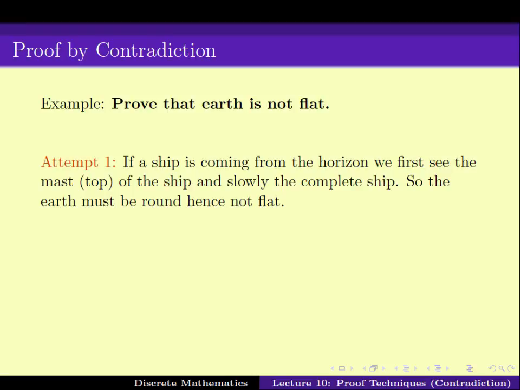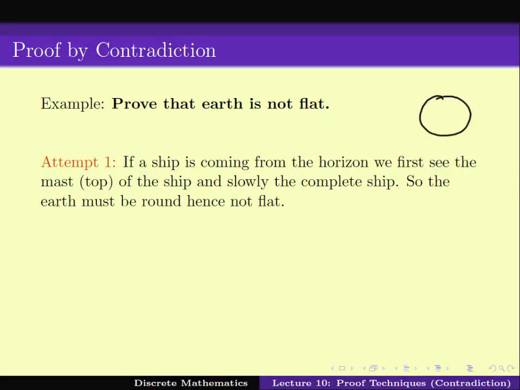And this follows from the usual proof that we have seen, that if I am standing here and if there is a ship here, first what we see is the top of the ship, and then much later on we see the bottom of this ship.